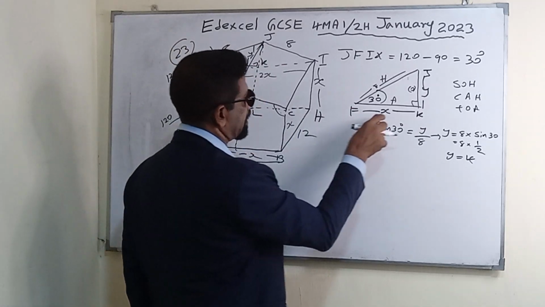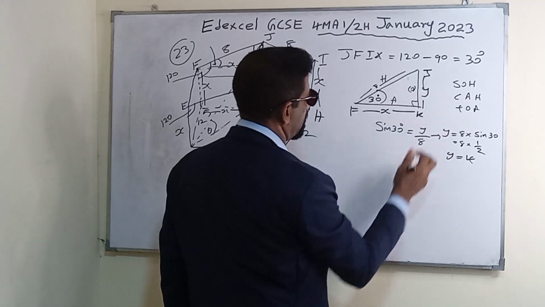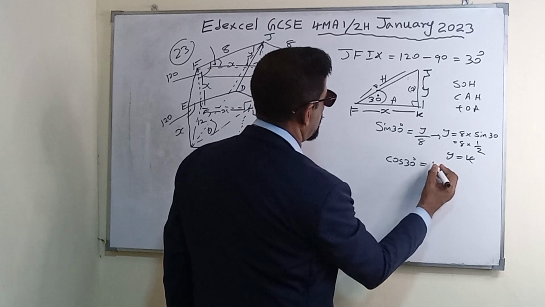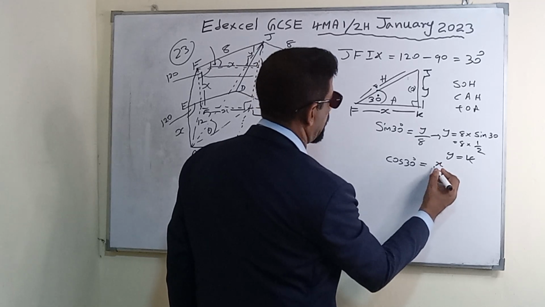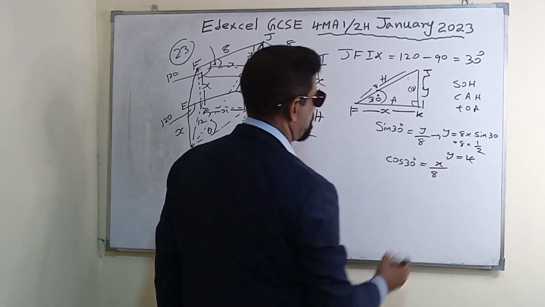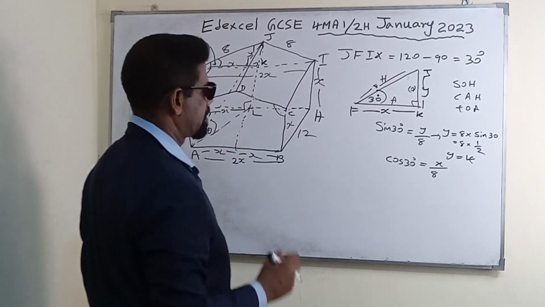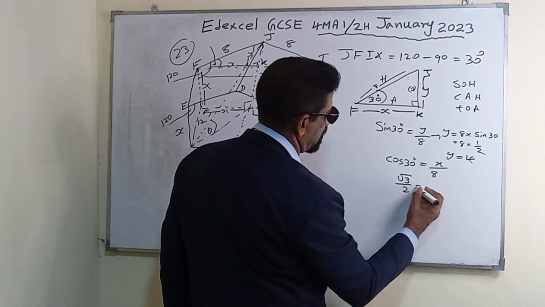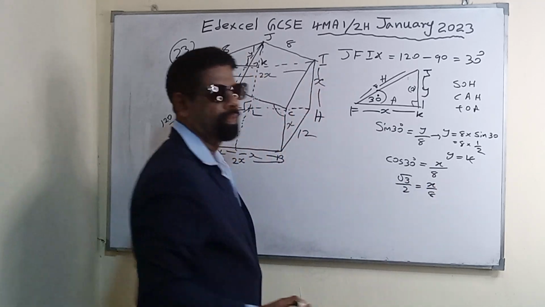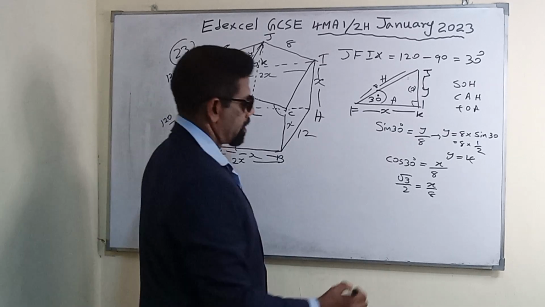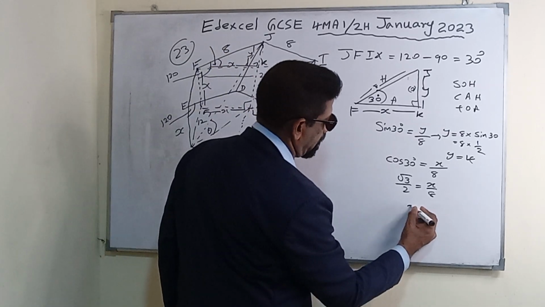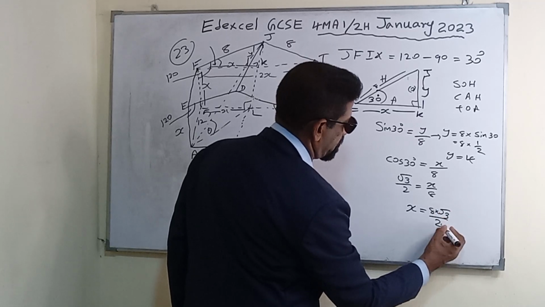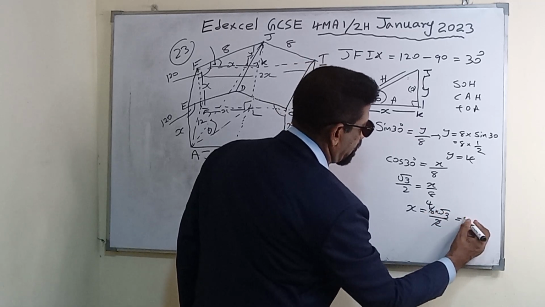Then use adjacent and hypotenuse, cos 30 equals x over 8. Cos 30 is root 3 over 2, so x becomes 8 root 3 over 2, which is 4 root 3.